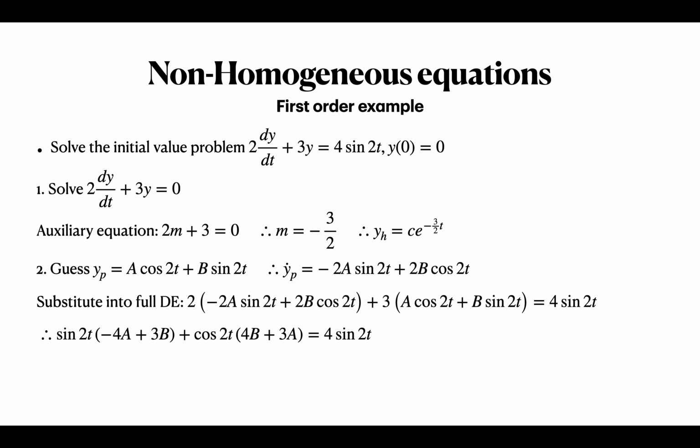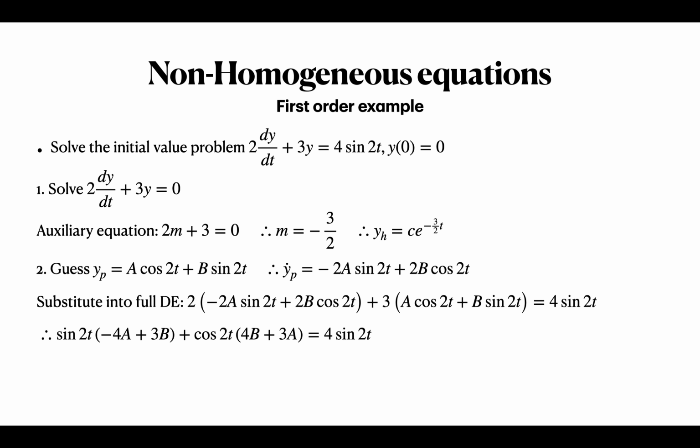And you will see, guys, that on the left-hand side, there's sine 2t multiplied by minus 4A plus 3B. And on the right-hand side, there's 4 sine 2t. So the sine terms must be the same. Therefore, 4 is equal to minus 4A plus 3B. There is no cos term on the right-hand side. So therefore, 4B plus 3A must be 0.